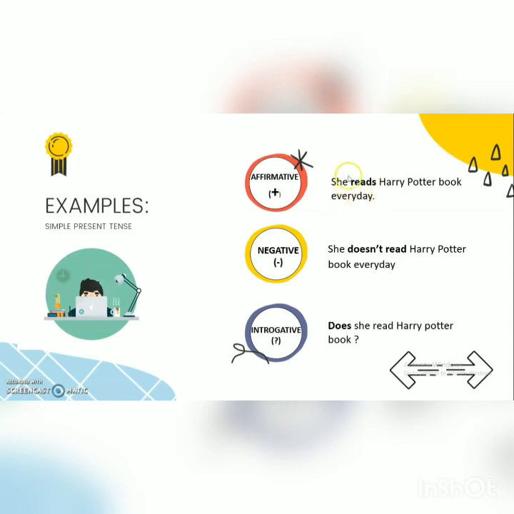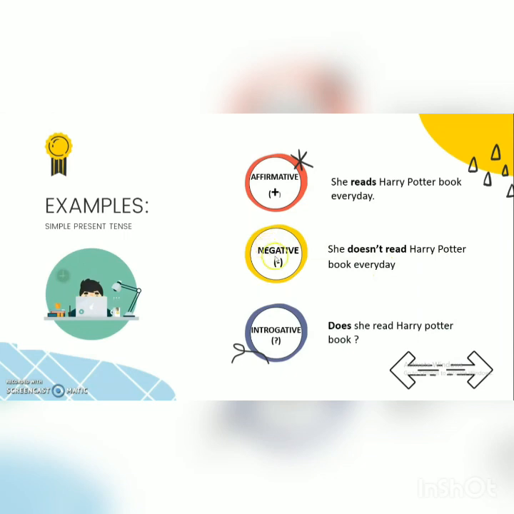We can know the subject is she and the verb is reads, and of course adding s because the subject is singular. So it becomes she reads Harry Potter book every day. And the negative example is she does not or doesn't read Harry Potter book every day.